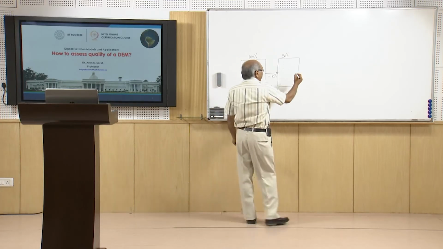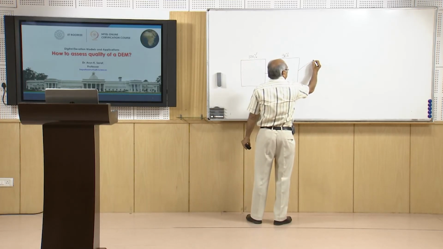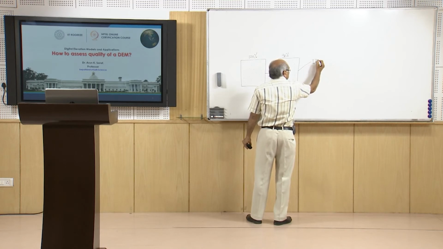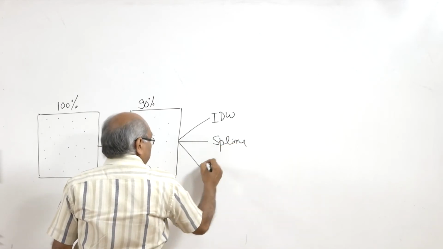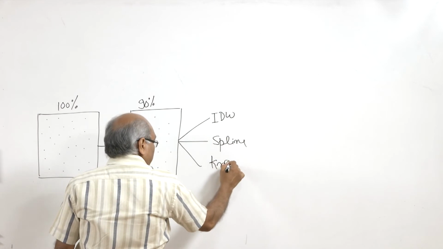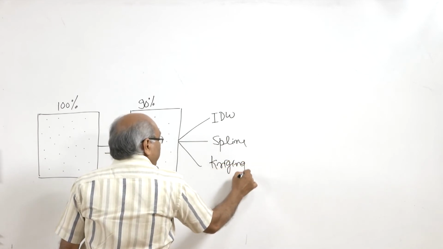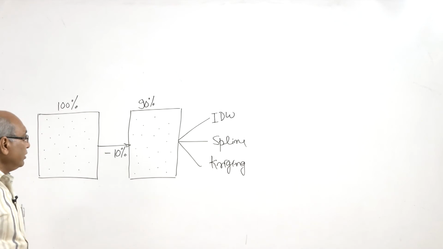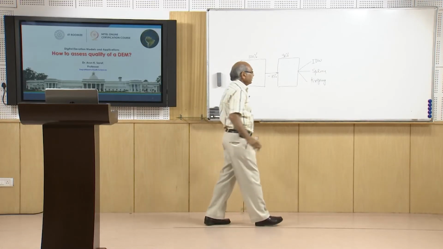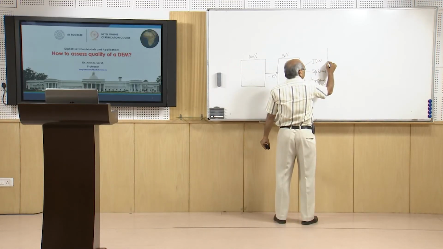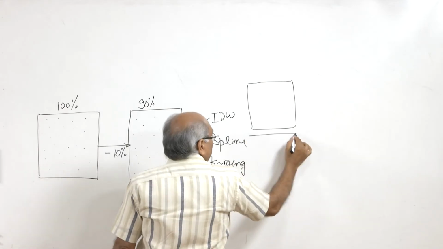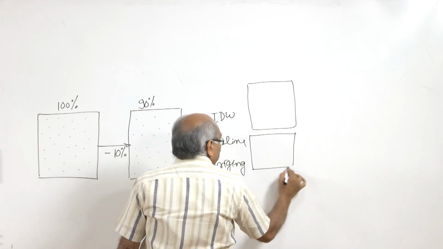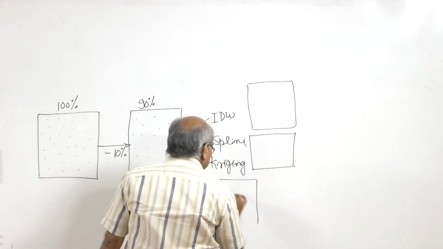So I can employ different interpolation techniques like maybe IDW, maybe spline, or maybe kriging. Now in this particular example, I will have 3 surfaces using 90% of the data set: one surface of spline, one surface of kriging, and one surface of IDW.